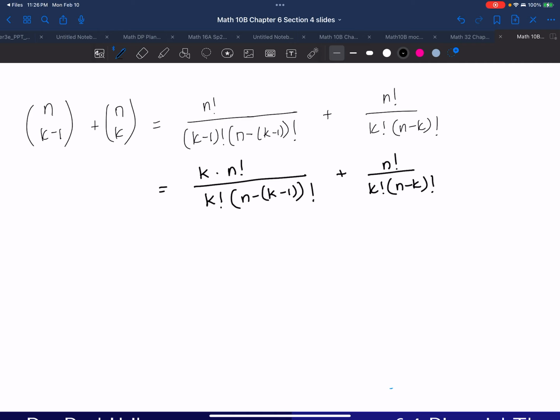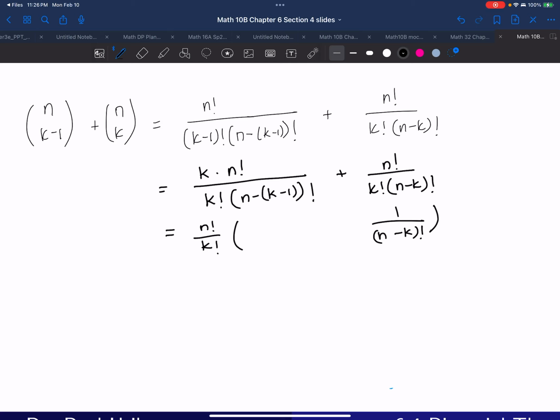All right, so I already have an n factorial in the numerator, a k factorial in the denominator. Let's go ahead, pull those out. What I'll be left with on the right-hand side is 1 over n minus k factorial.